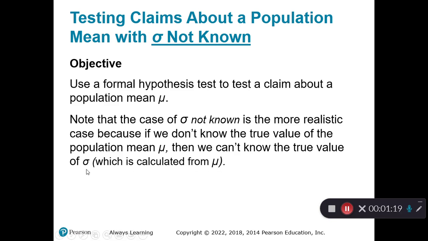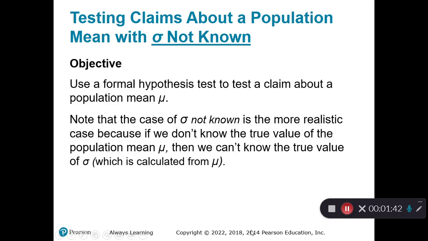However, sigma, which is the population standard deviation, is calculated directly from mu. So if mu is not known, then there can't possibly be knowledge about the value of sigma, which is calculated directly from mu. So it is more realistic for sigma, the population standard deviation, to not be known if mu is not known.